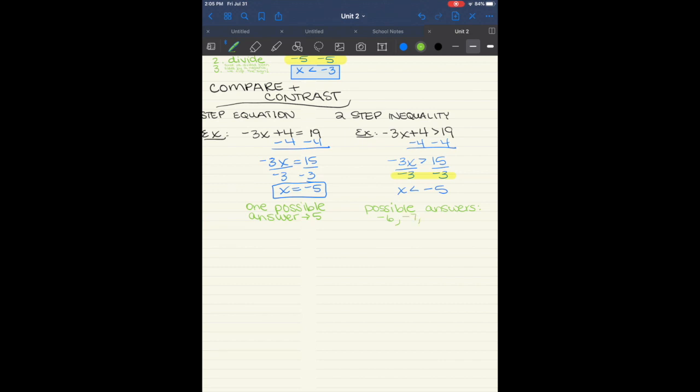You could have also done -5.5 or -5.1. So there's an infinite number of possible answers because it goes down to negative infinity. So that's something important about inequalities. So it's a specific infinite number of solutions, but there is an infinite number of solutions.